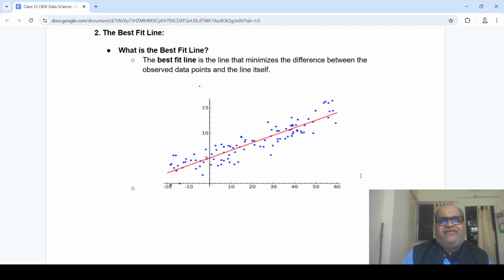Your aim here is to find a line where you look at the difference from this line on x and y axis, and take the square sum of that deviation from this line. There are several measures out there. The best fit line is the one that minimizes the differences. So you can have any random line out here, but the best fit will be one where, whatever metric you have in mind, the overall distance will be minimum.